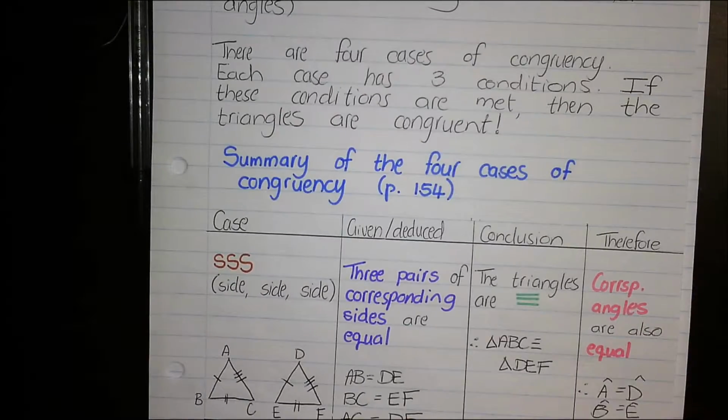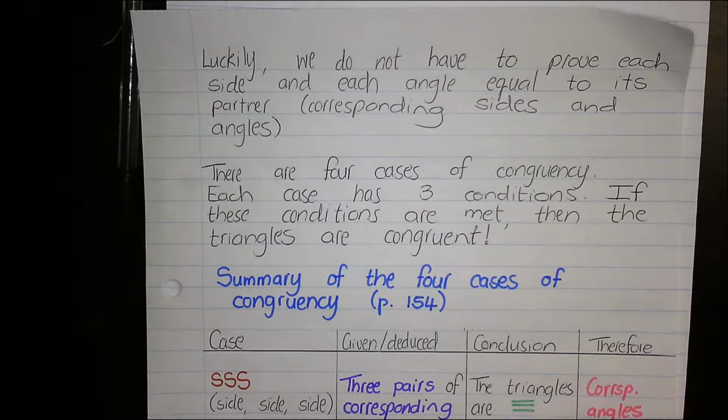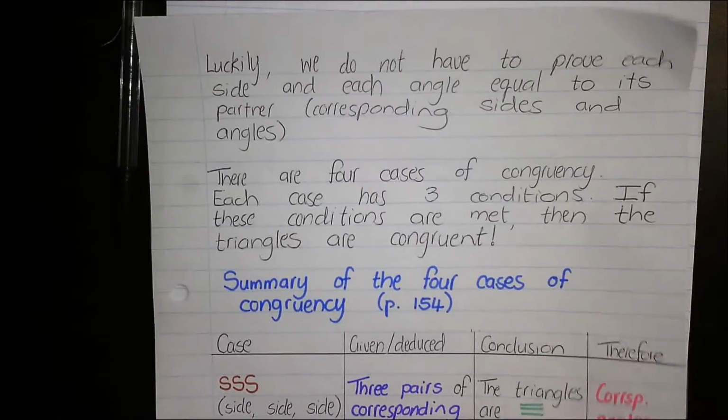We mentioned that we don't need to prove all of these conditions to prove that a triangle is congruent to another one. There are 4 cases, and each case has 3 conditions that need to be met.